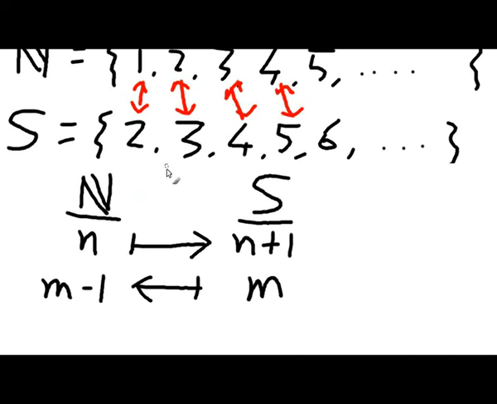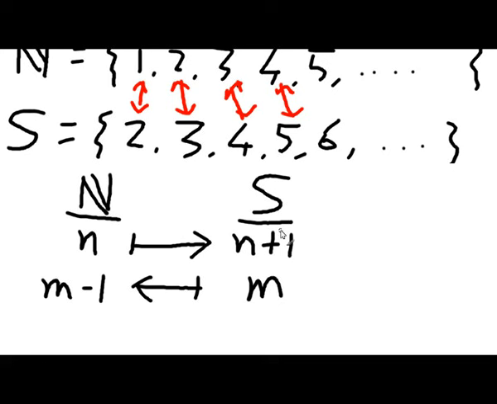So for every natural number n, there is a unique n plus 1 in the set S, and this doesn't leave out any element in the set S. Natural number 1 pairs up with 2, 2 pairs up with 3 in S, 3 pairs up with 4, and so on. Everything gets paired up in S, right? And likewise, no element in S is paired up twice with two different elements in the natural numbers. It's a one-to-one pairing, right?